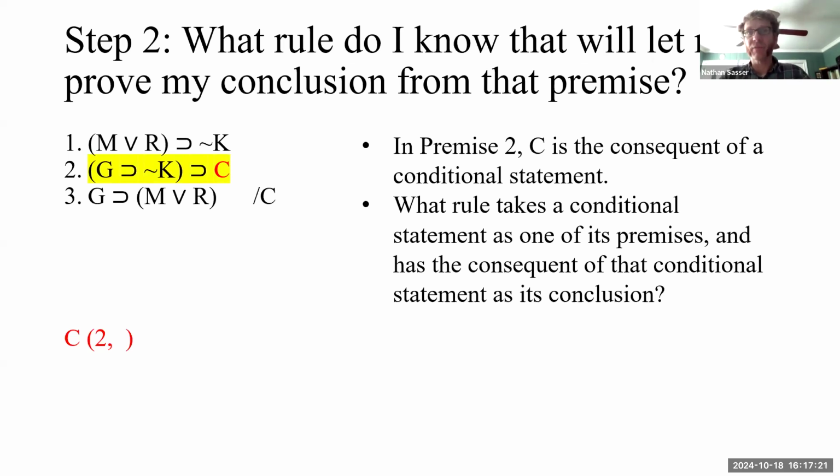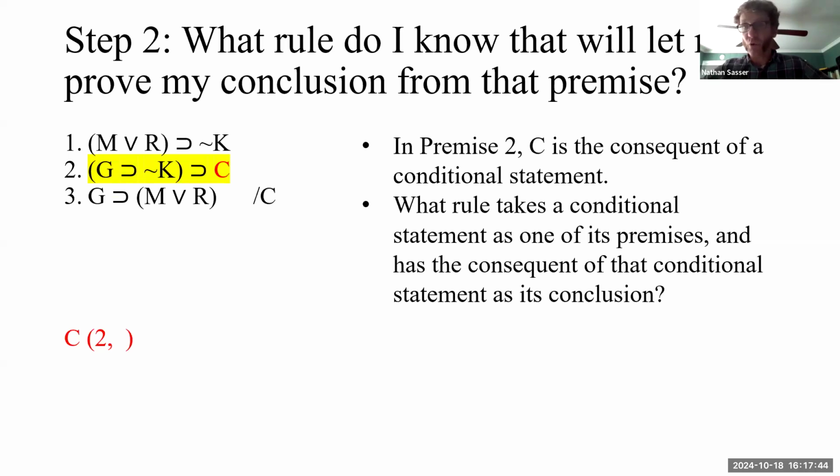Now, my next step is this. I ask this question: what rule do I know that will let me prove my conclusion from that premise? In other words, what rule will let me prove C from premise 2? Let me think about it more concretely in terms of this particular example. Premise 2 is a conditional statement.